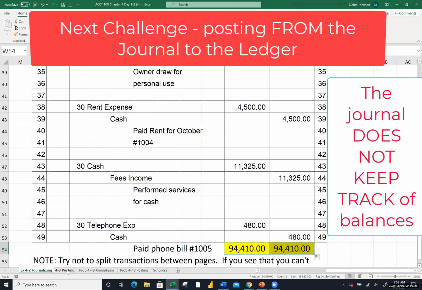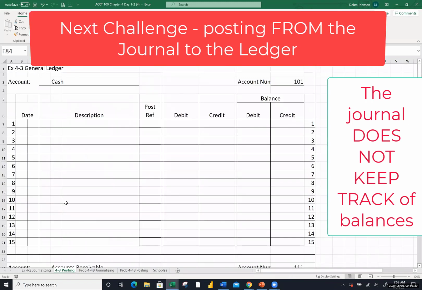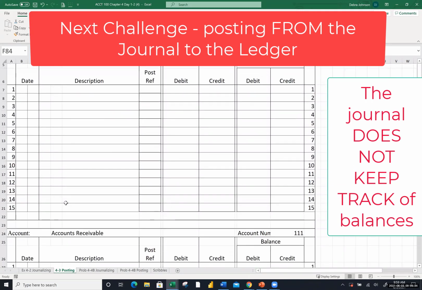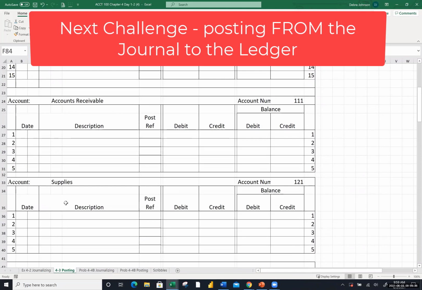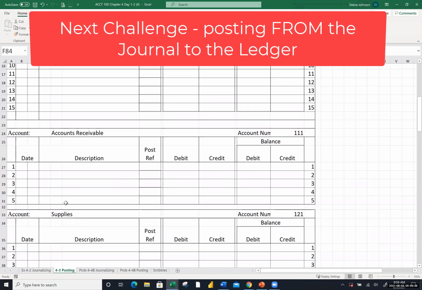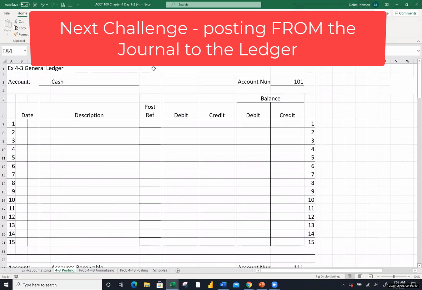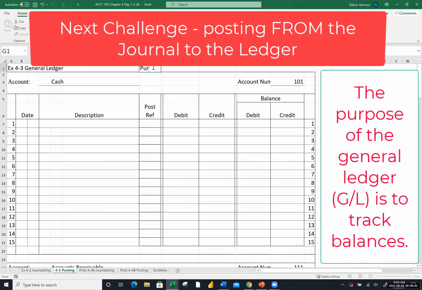So if we go to the next tab, let's take a look at what a ledger looks like. You'll notice that there is a ledger account for every single account in the chart of accounts. And the full purpose of this ledger is to track the balances. So the purpose of the general ledger, that's what this is, is to track the cumulative balances.